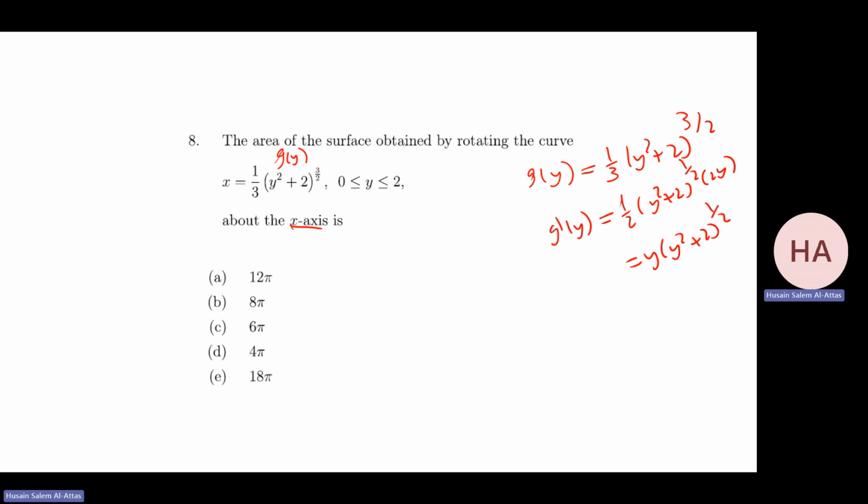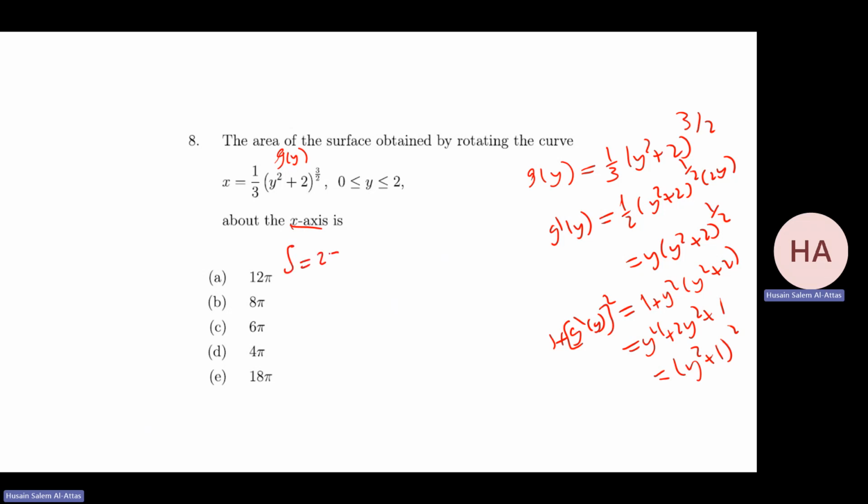I'm doing it a lot. Okay, 1 plus g prime of y all squared gives me 1 plus y to the power 4 plus 2y squared plus 1, and that is y squared plus 1 all squared.